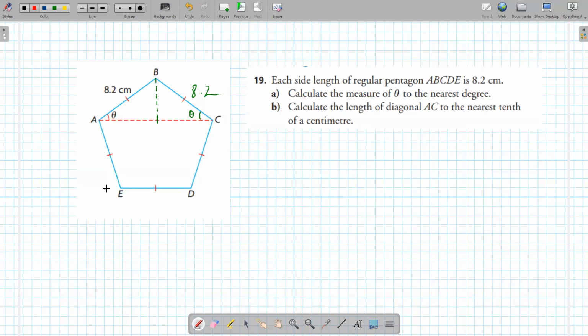You gotta think about the information they've given you because as of right now, we only know the side lengths. You need two things to solve a triangle.